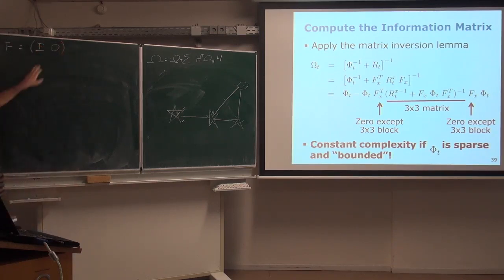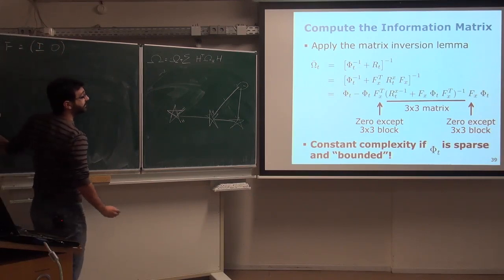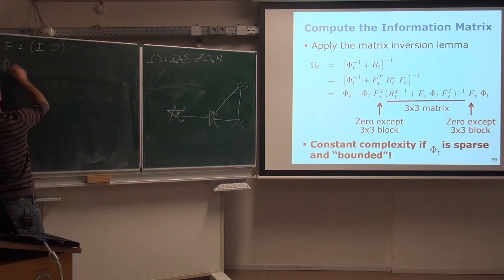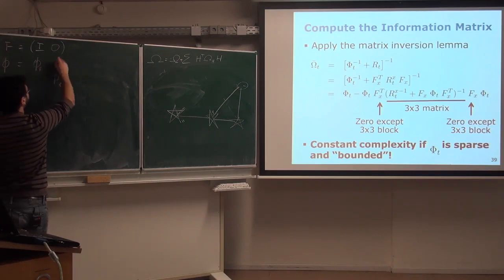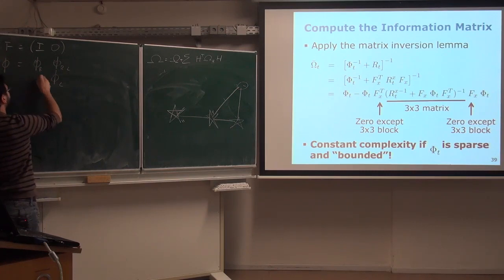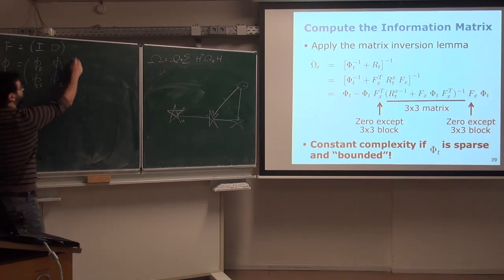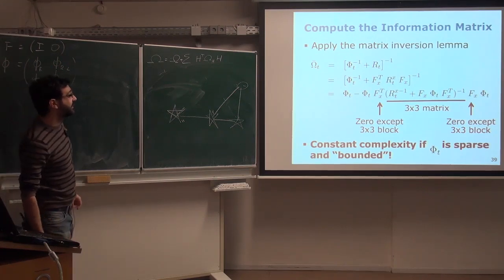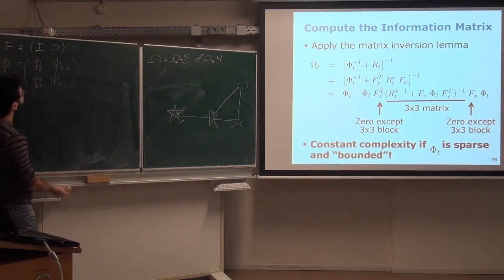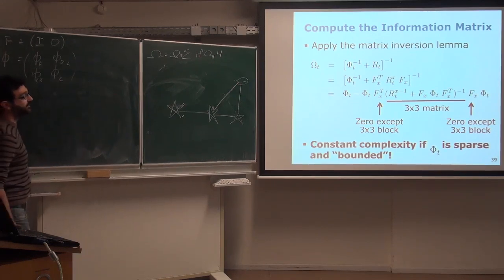So there is an identity plus a lot of zeros. We have our phi. We can write it as a part that only considers the robot, a part that only considers the landmark, and then we have an off-diagonal part, which is how the robots and the landmarks are actually connected. So that's a very schematic way of seeing this. And then we have our R, which is just R. And let's see what happens when we compute everything there.